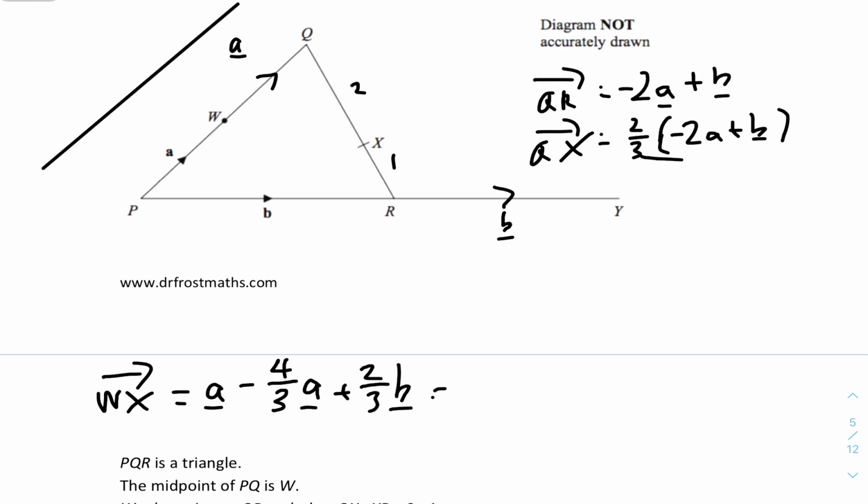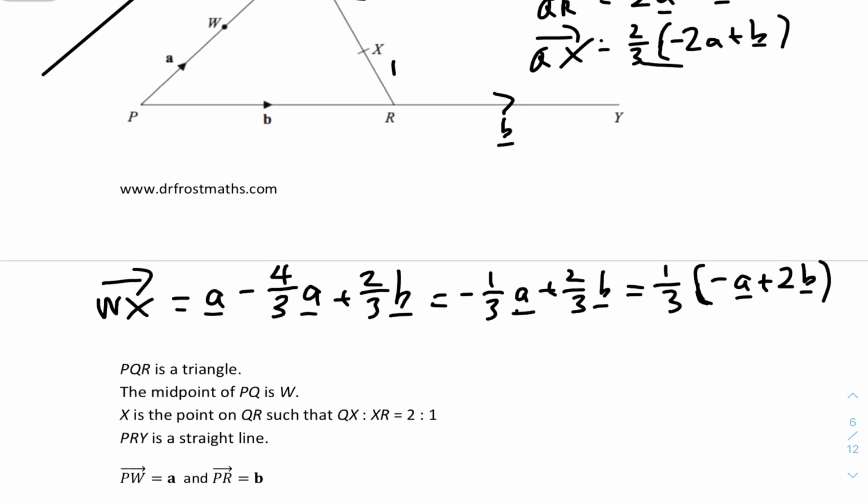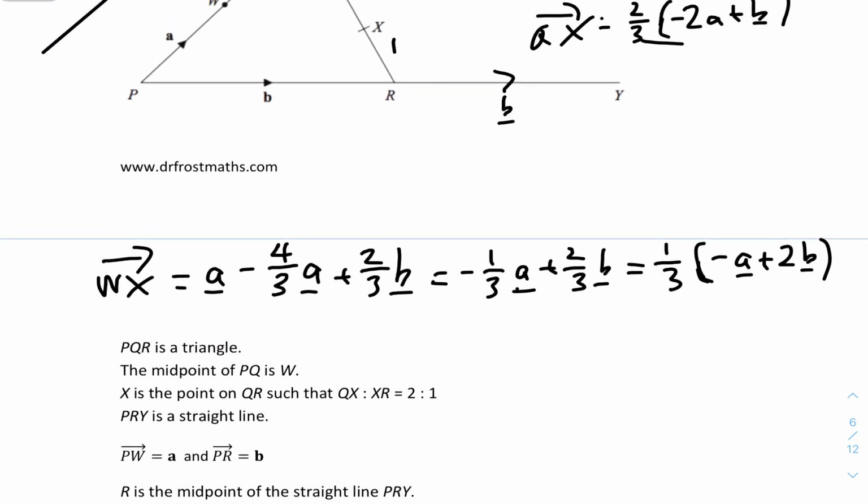And we can simplify it by getting minus 1 over 3A plus 2 over 3B. And by simplifying and factorizing, we get 1 over 3 times minus A plus 2B, like so. So that's WX. And then we have to prove that it's a straight line, right? That means WXY is a straight line.